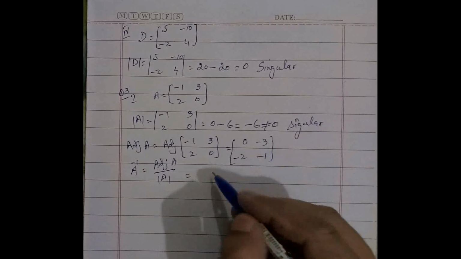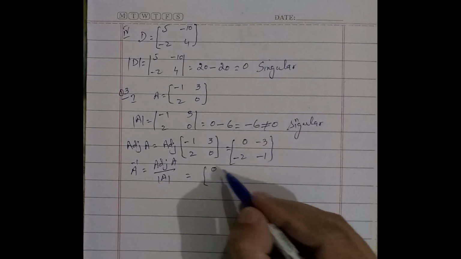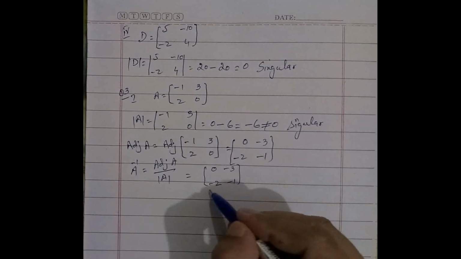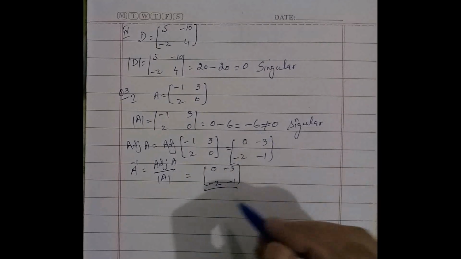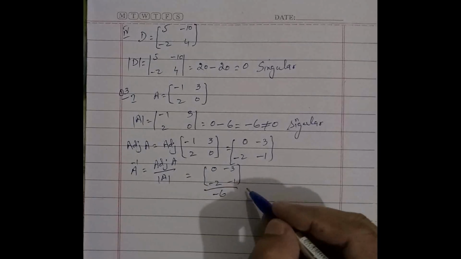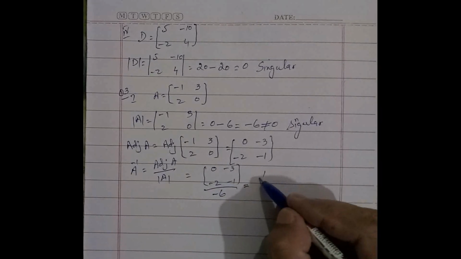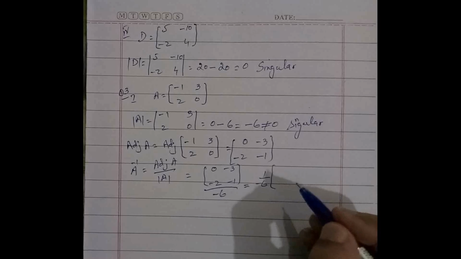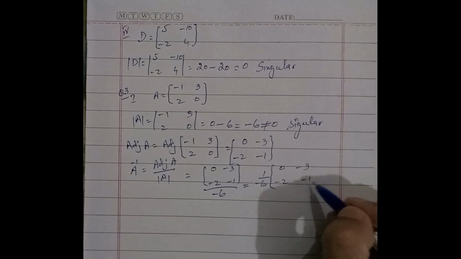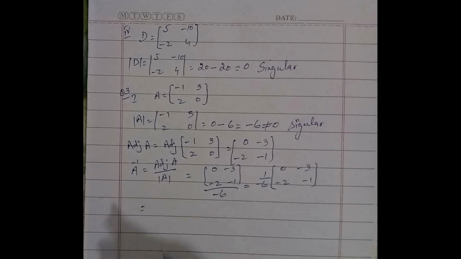A adjoint is equal to the matrix 0, minus 3, minus 2, minus 1, and A determinant is equal to minus 6. We can write it as 1 over minus 6 into the matrix 0, minus 3, minus 2, minus 1.